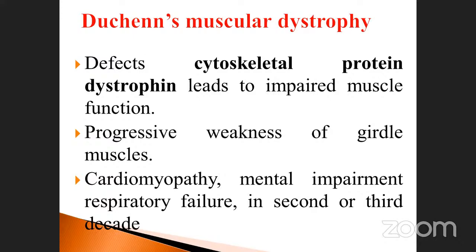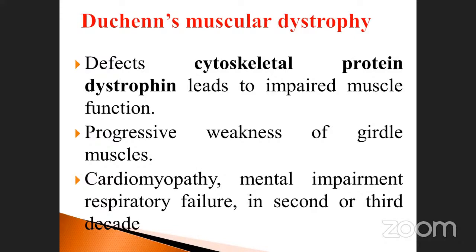Progressive weakness of the girdle muscles, cardiomyopathy, mental impairment, respiratory failure in the second or third decade. So these are the difficulties due to the chromosomal disorder. With the lack of this protein molecule, the muscles will not function properly. You cannot do any work.